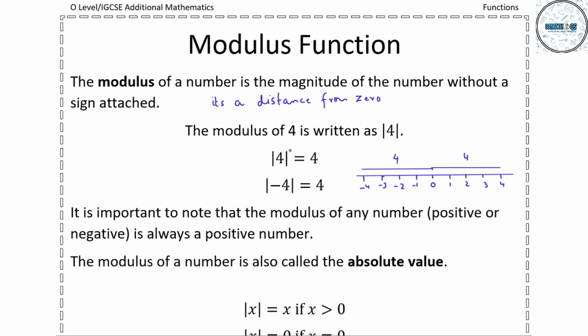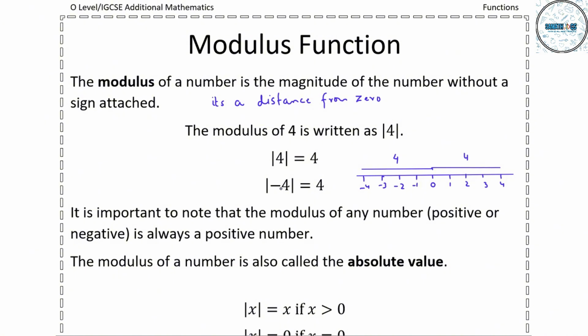The modulus of 4 is written with two straight lines, and within that there is 4. Now, the modulus of a positive number is 4 and the modulus of a negative number is 4. The distance from 0 to 4 is 4 and from 0 to -4 is 4, which is represented over here.